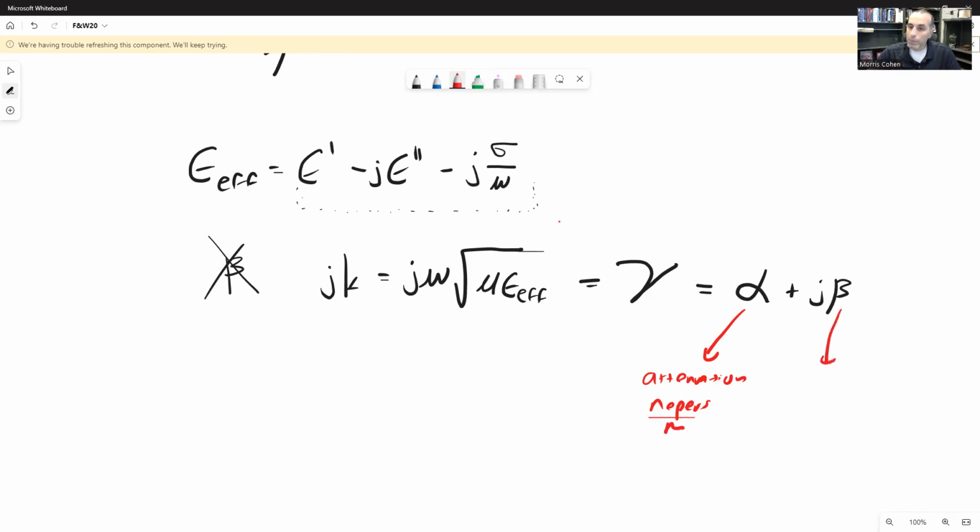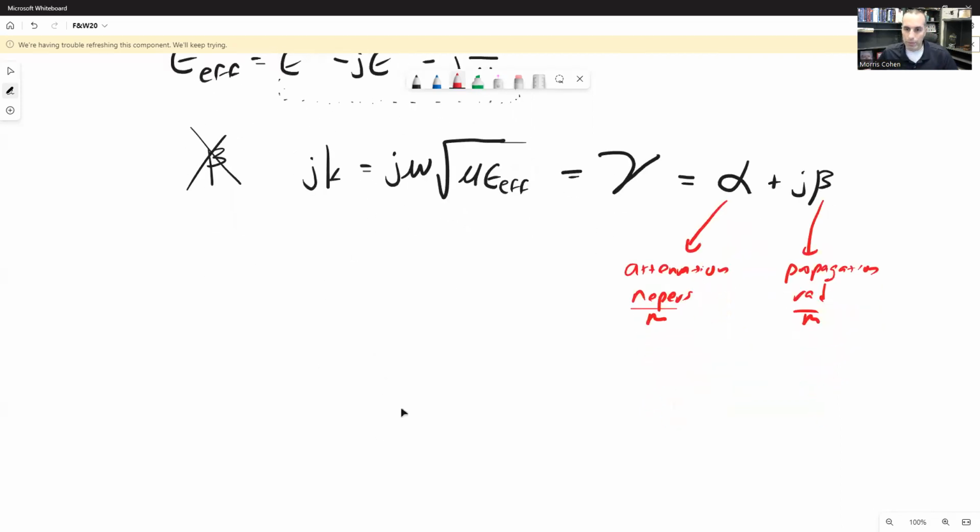And the beta will represent the propagation in units of radians per meter, which means if you step forward by 1 meter, the phase of the electric field is changing by that many radians from where you started. And as the conductivity and the imaginary part of the dielectric grow and grow, the attenuation will grow and the propagation will shrink, and eventually they will actually be equal to each other.